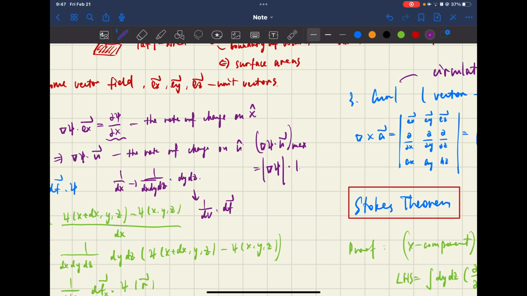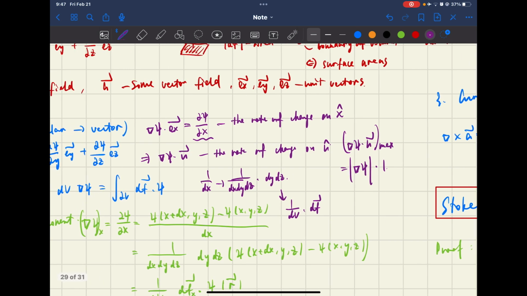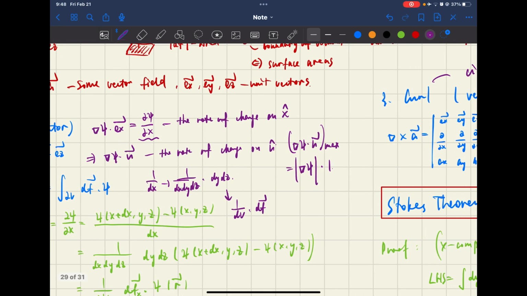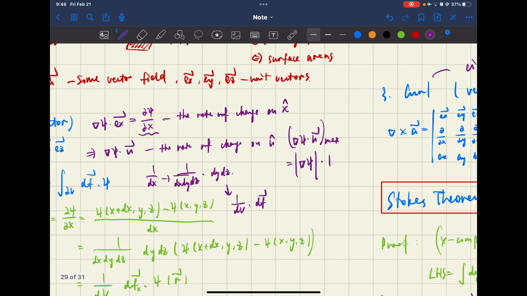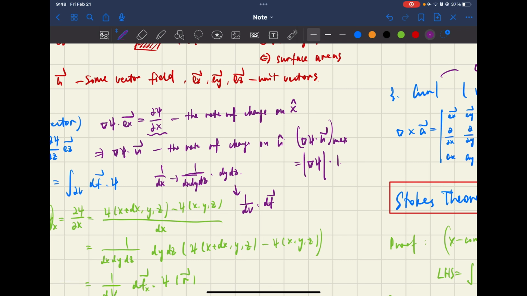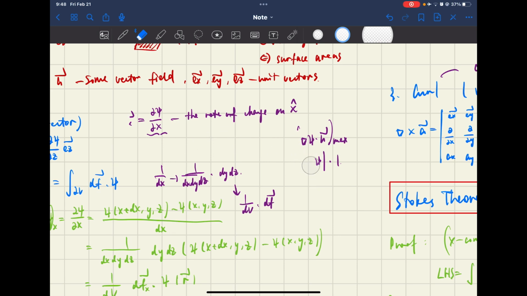What it means is that when the unit vector u points in the same direction as the gradient of the scalar field, the dot product is maximized, and its value is just the modulus of the gradient. So the direction of the gradient of a scalar field is the direction in which the rate of change of the scalar field is maximum. Okay, let me write this down, because I was a little ambiguous about what I said.